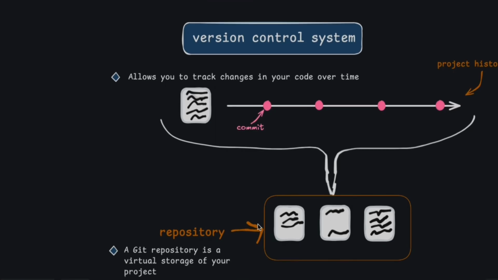Repository, in a simple way, we have the remote repository and the local repository. Here it's the local repository. It's like just a virtual storage of your project. That's what we mean by that. This means you can revisit previous versions or track who made specific changes in a team setting, for example.